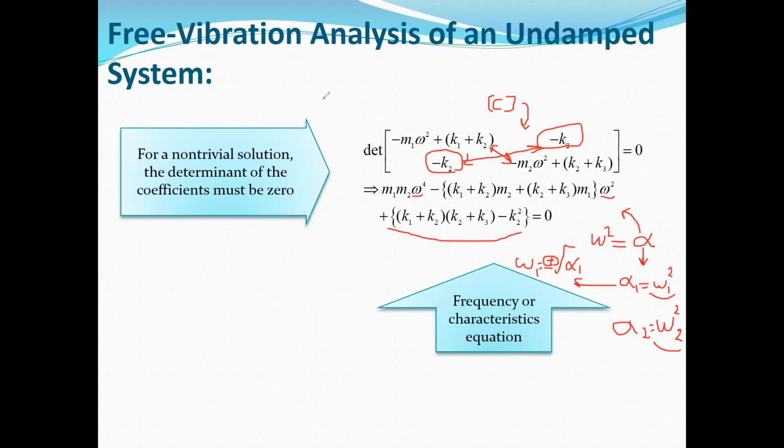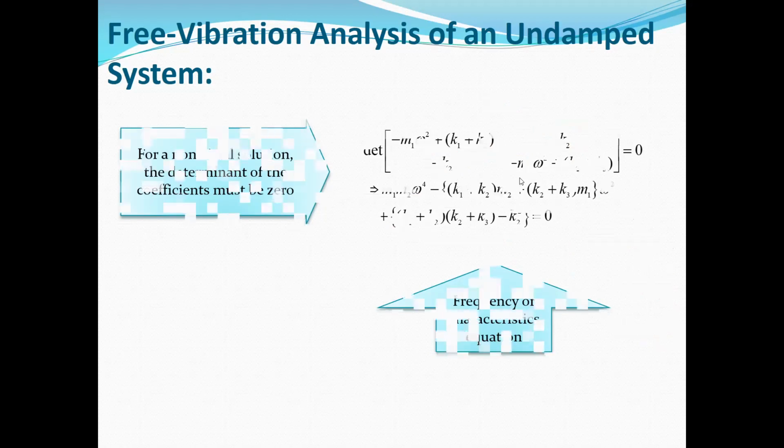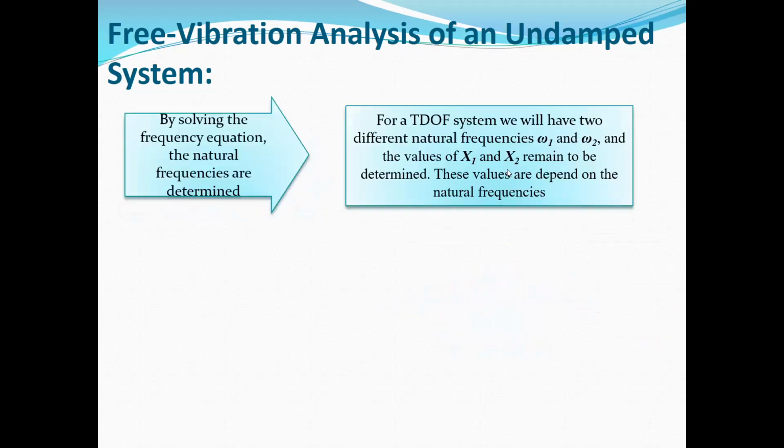So the next step, we will solve this equation, and we can obtain the natural frequencies similar to the single degree of freedom. So by solving the frequency equation or the characteristic equation, we can obtain two natural frequencies for this system.